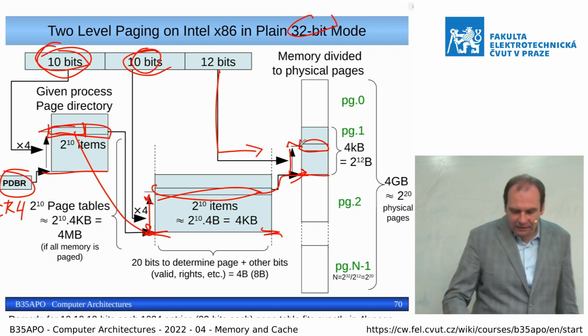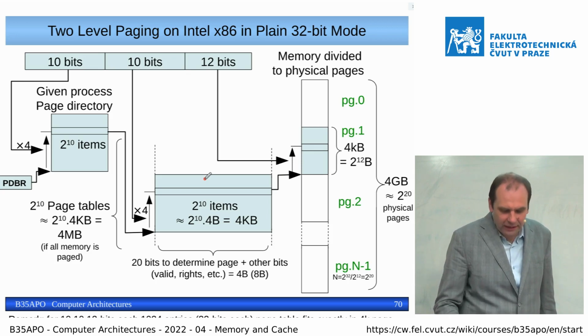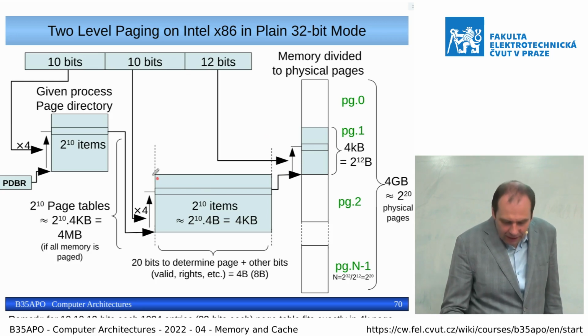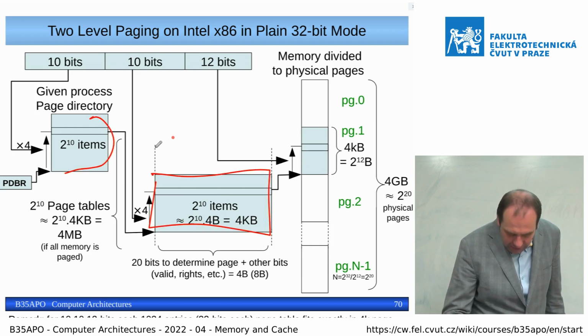And in the case of Intel, what is interesting is that for the 32-bit and even 64-bit system, they ensure that the size of this fragment is 2 to the power 10 in this case.